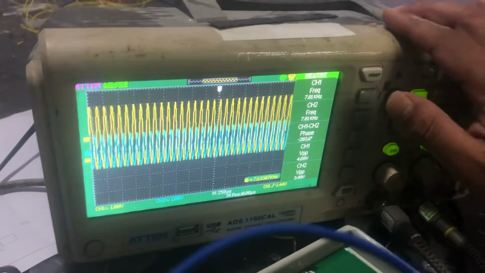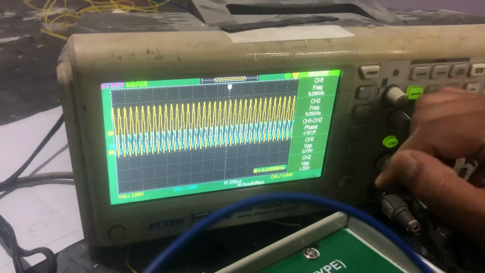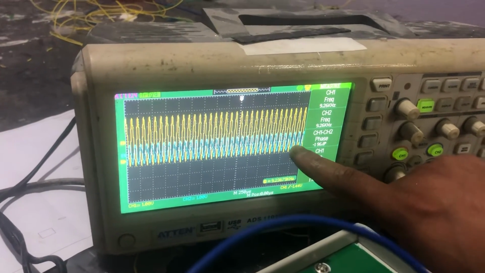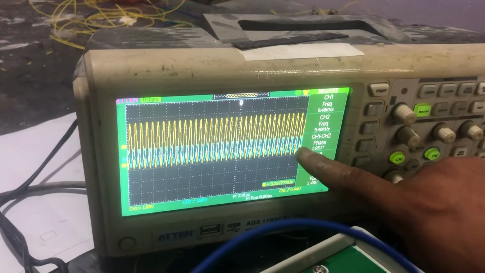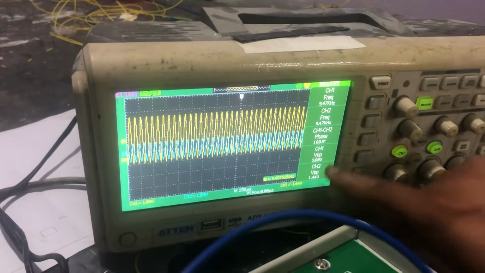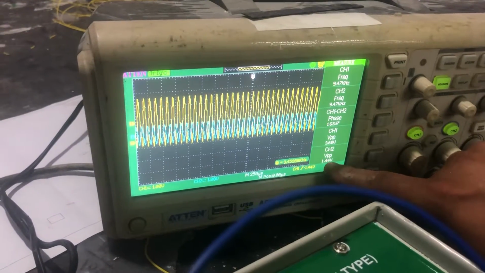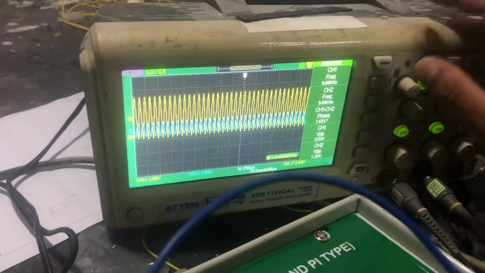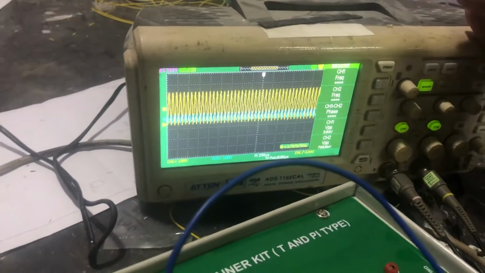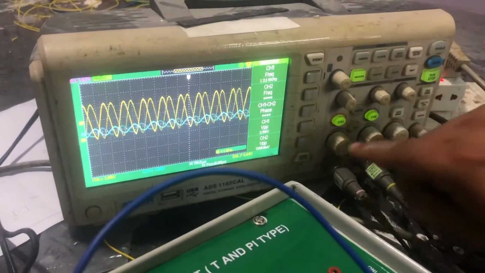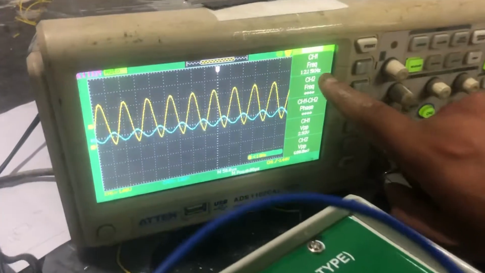When you increase the frequency, the channel 2 voltage keeps reducing. Here channel 1 is 3.60 and channel 2 is 1.44. Now I am making the frequency about 12.15 kilohertz.